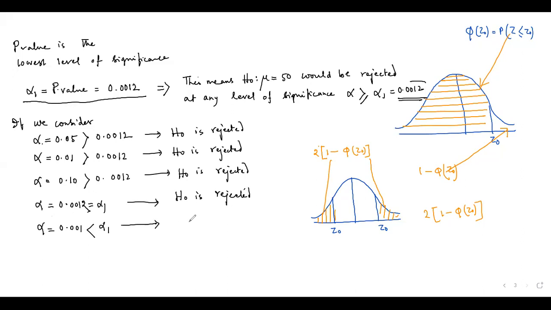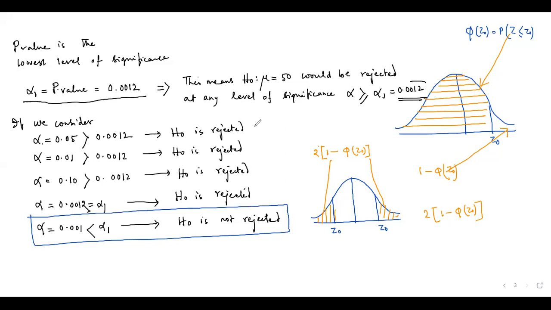Then your null hypothesis is not rejected. I'm considering up to 4 decimal places. So in this scenario only, the null hypothesis is not rejected. In every other case, your null hypothesis will be rejected.